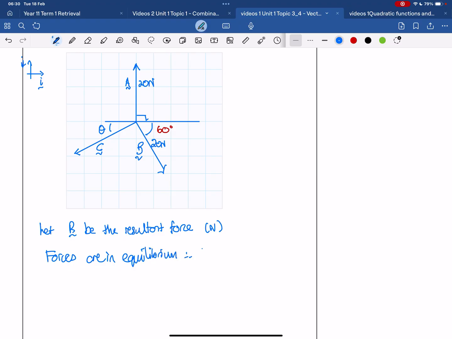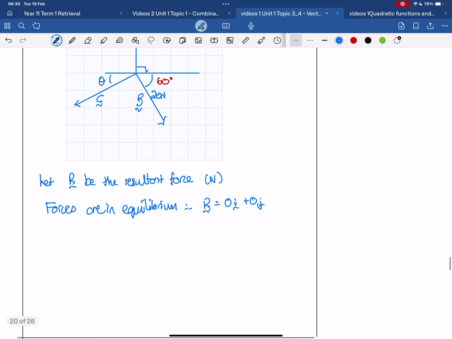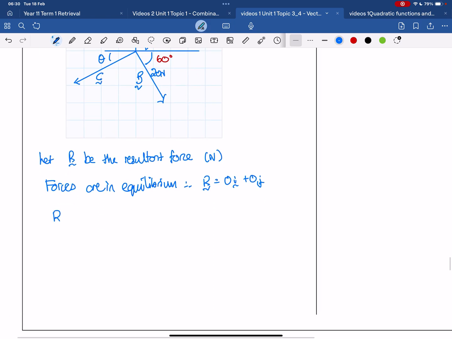So therefore, our resultant force is a 0 vector. Okay, and we know that our resultant force is the sum of all of our forces. So that means that our 0 force is the sum of all of our forces.